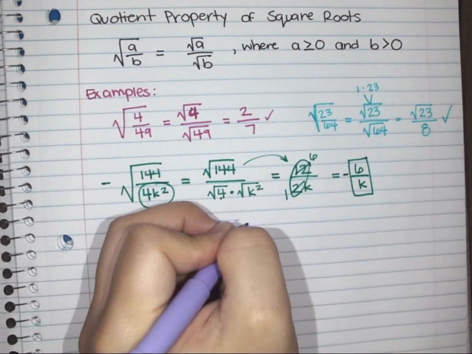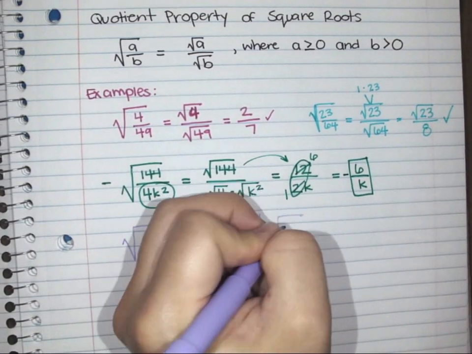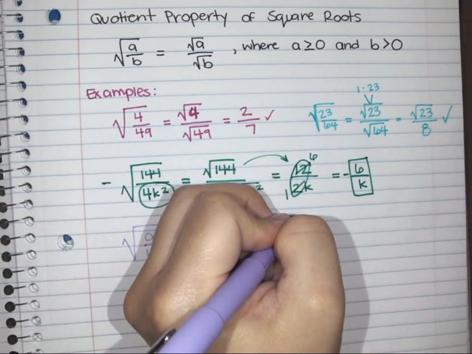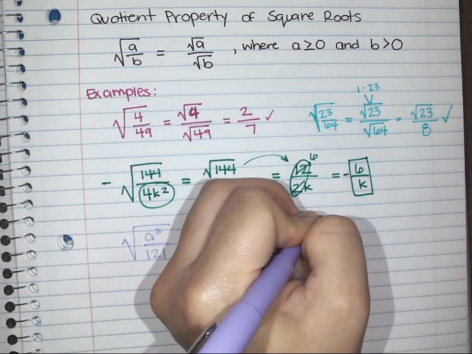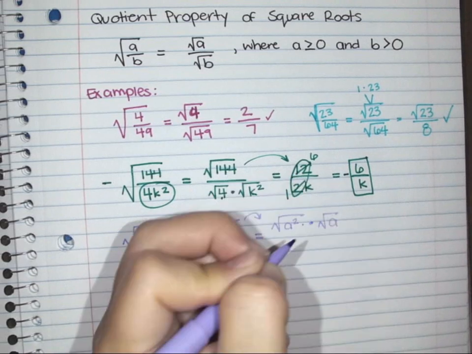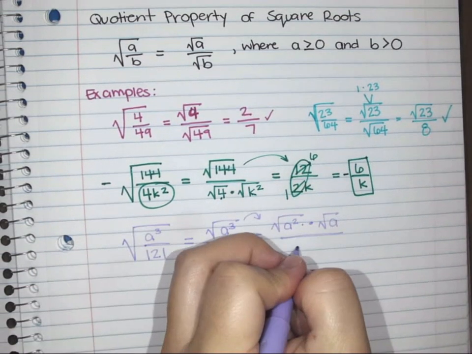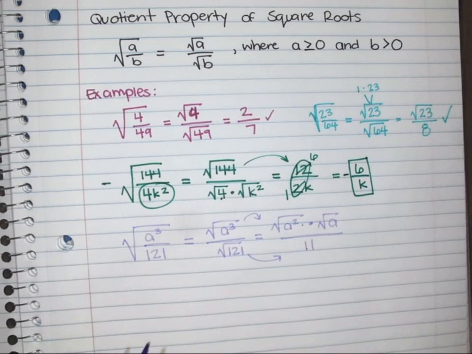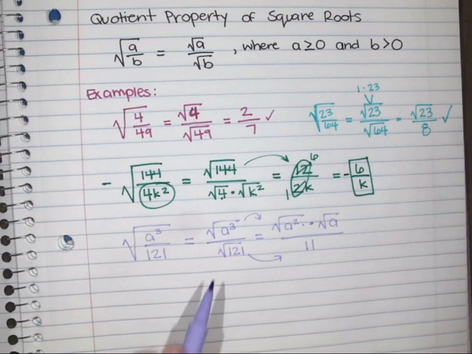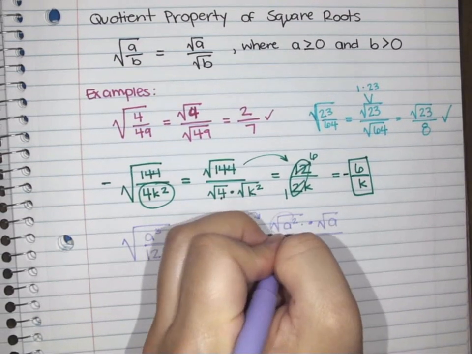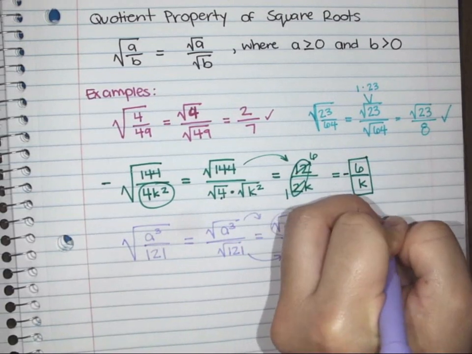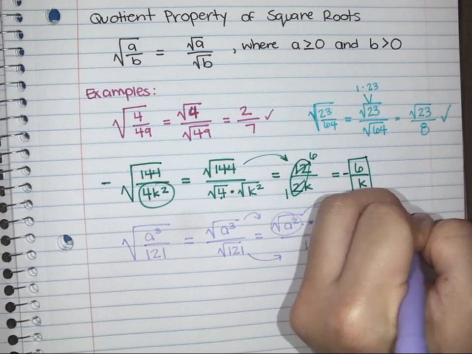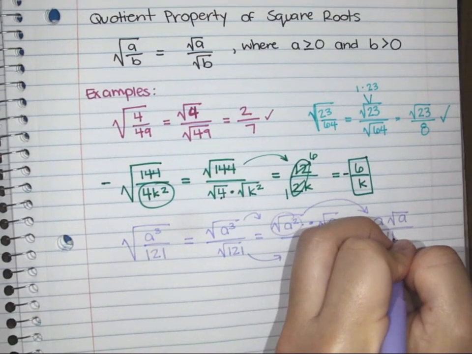Now I'm going to use a product property and separate this into a squared times the square root of a, and then the square root of 121 is 11, because 11 times 11 is 121, and the square root of a squared is just a. So we have a times the square root of a over 11.